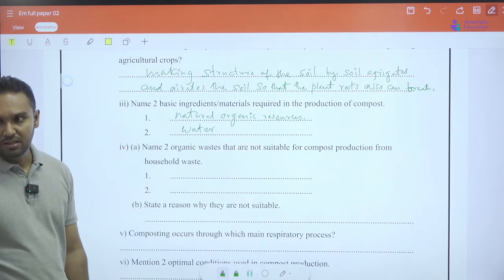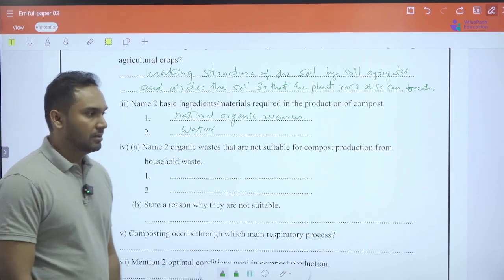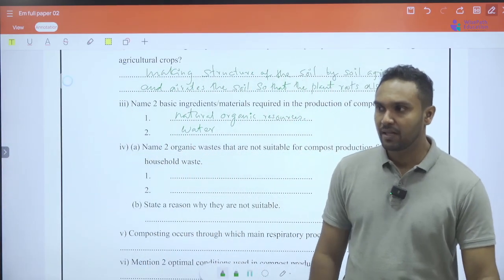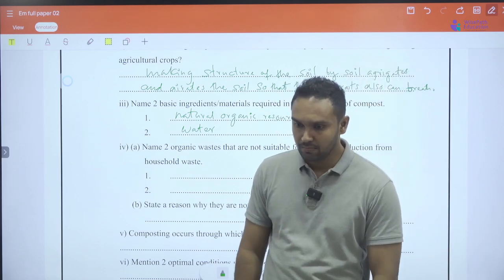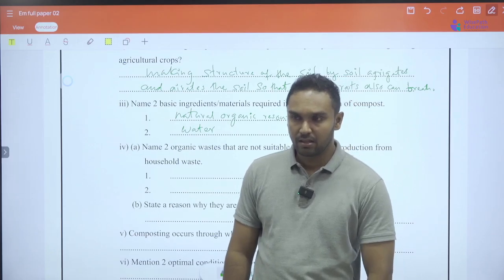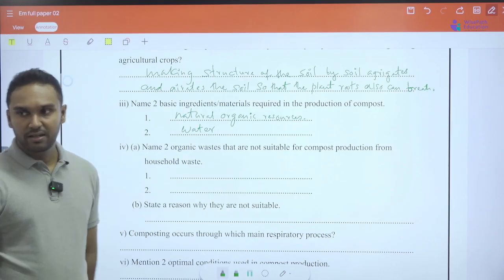One is the urine. You don't put urine to the compost, because the urine will start the anaerobic respiration. The other thing is what? The coconut shells. Coconut shells are indegradable, right?